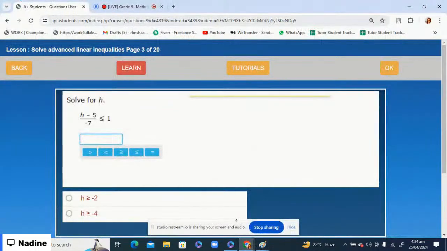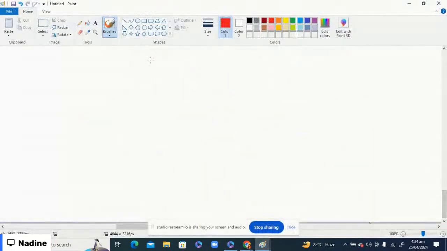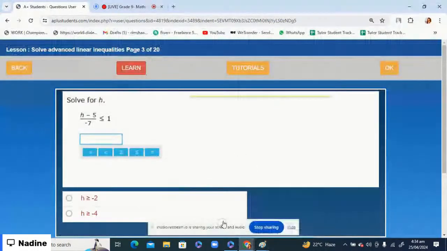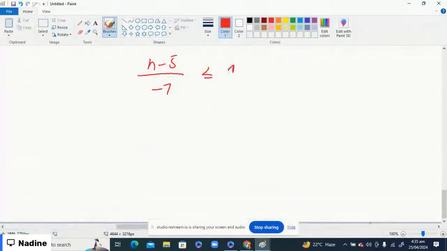h minus 5 over negative 7 less than or equal to 1. So multiply on both sides with negative 7.